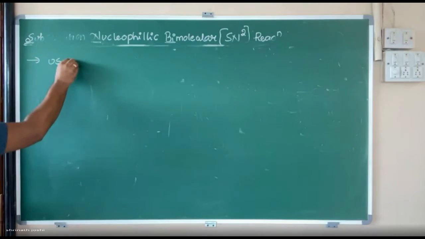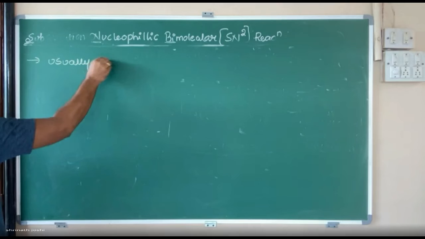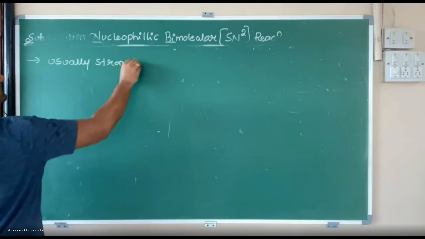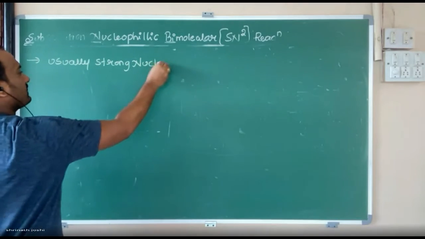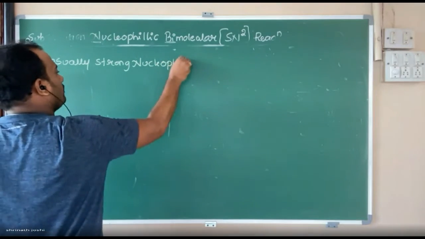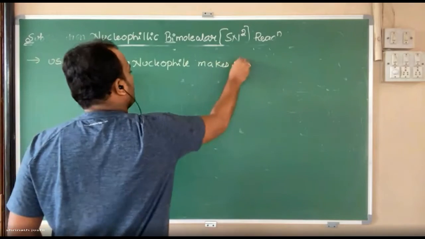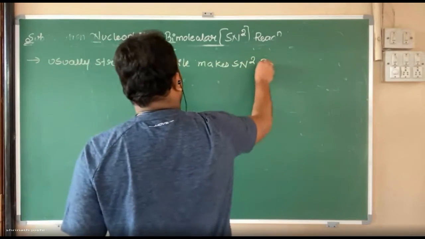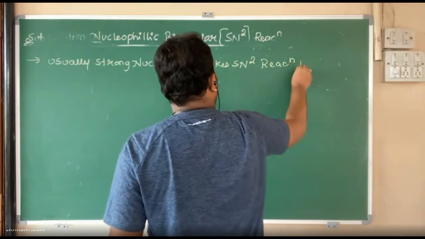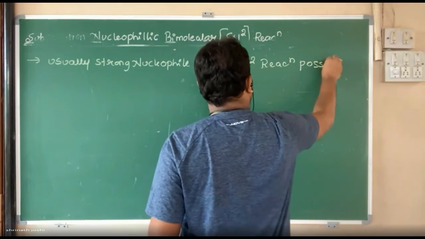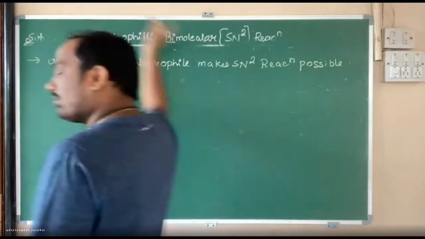Usually a strong nucleophile. Remember this: usually a strong nucleophile makes the SN2 reaction possible, not a weak nucleophile. Remember, a weak nucleophile will never undergo SN2.